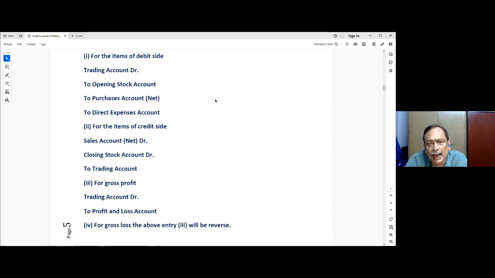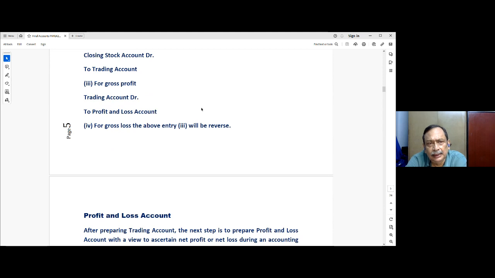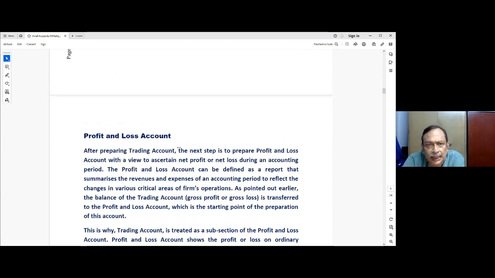For the items of credit side, we are having sales account net debit, closing stock account debit to trading account. For gross profit, we are having trading account debit to profit and loss account. For gross loss, the entry will be reversed. That is, profit and loss account debit to trading account. So that is all about your trading account and closing entries.